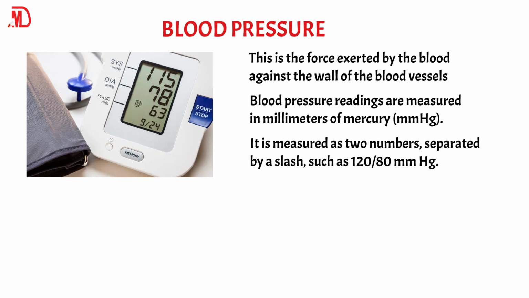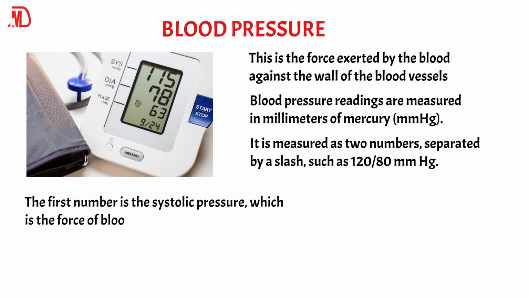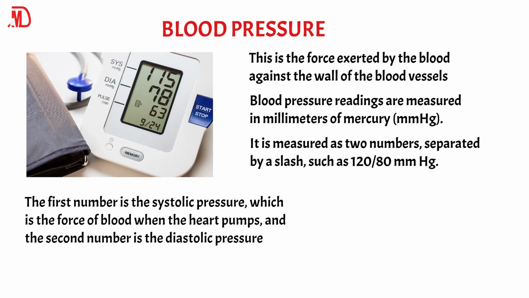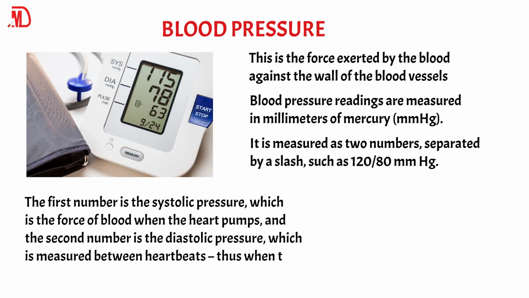Now, the first number is the systolic pressure, which is the numerator. This is the force of blood when the heart pumps. And the second number is the diastolic pressure, which is measured between heartbeats.